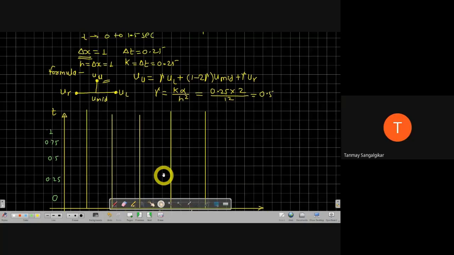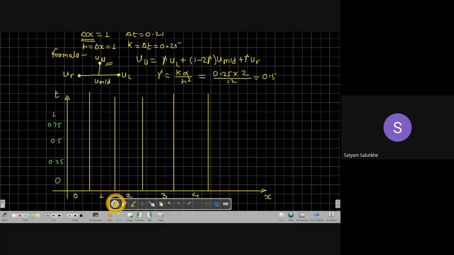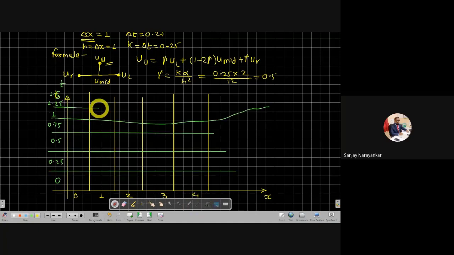Sir, two more values: 1.25, 1.5. So this y-axis grid is like this. So complete that grid.